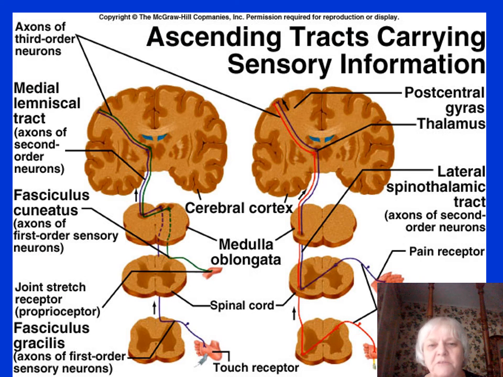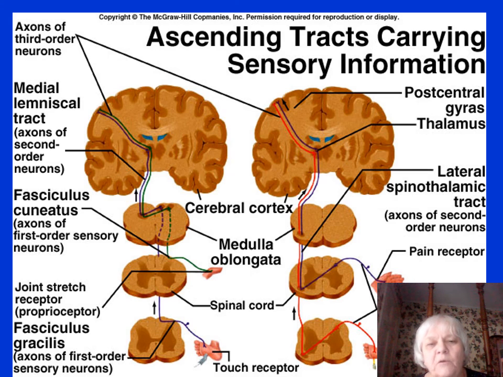So this is a picture that shows your ascending tracts that are going to send the sensory information. You have to look down at the bottom to start on this one because that's where the impulses begin. So look at the touch receptor right in the middle of the bottom of your screen. The touch receptor is communicating with that first order axon.